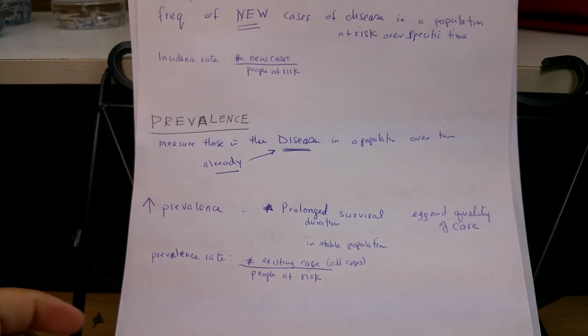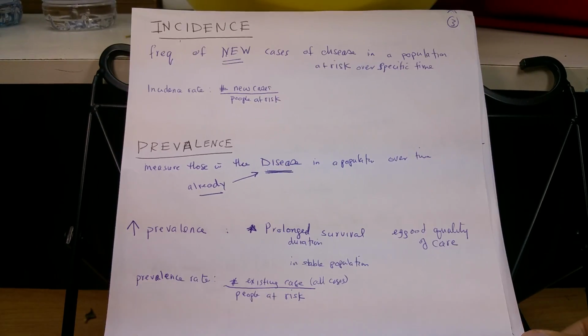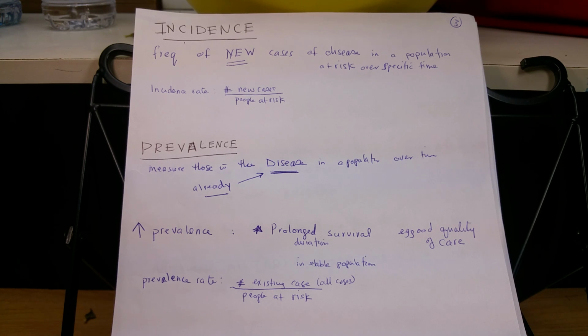We talked about the incidence. We said the incidence is the number of new cases or acute cases divided by the population at risk at a certain time, while the prevalence is the number of all people with the disease at a certain time.